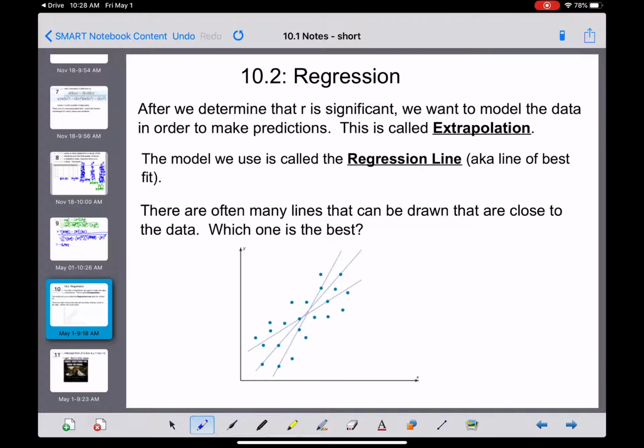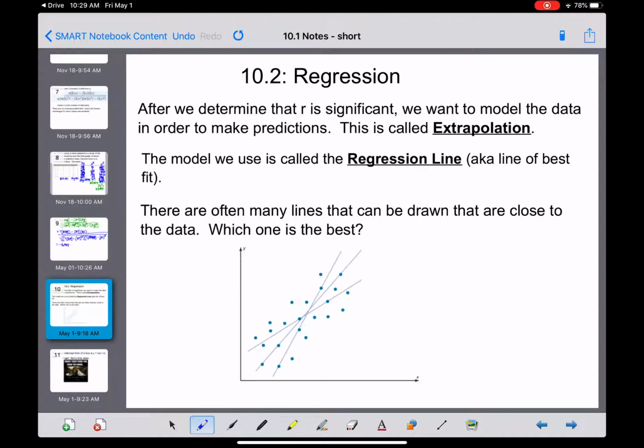And so that's the regression line. So we're really just going to look at the basics of this. We're not going to find the regression line. After we determine if R is significant, so what you would do is we find our R value, and then we do a hypothesis test and see if it's a significant R value.